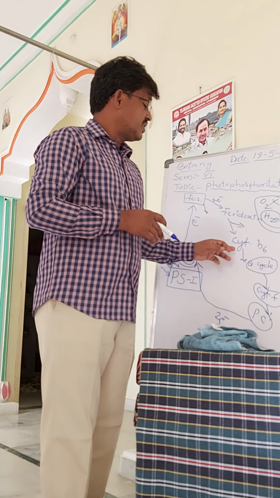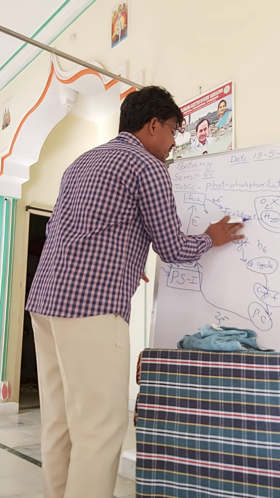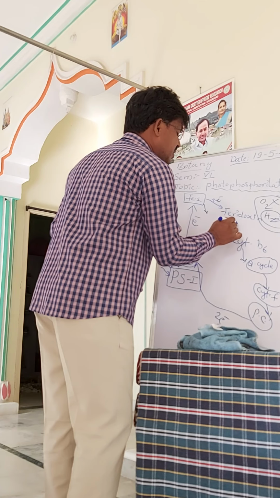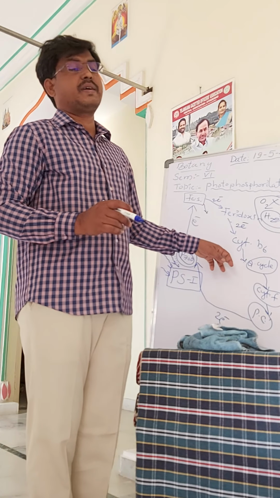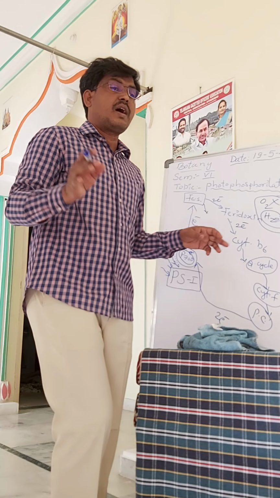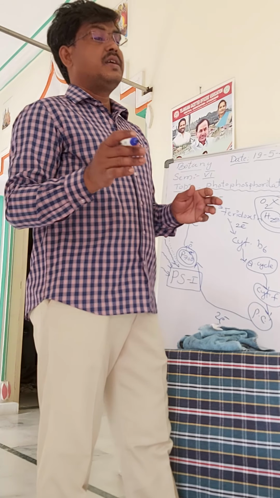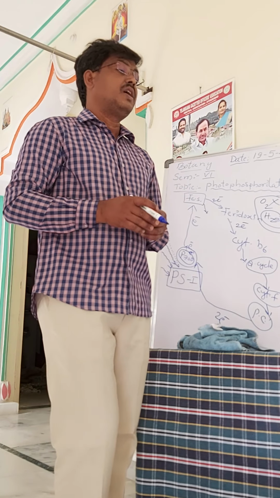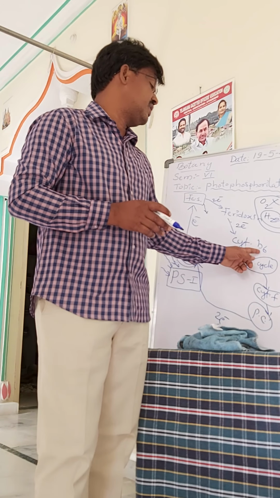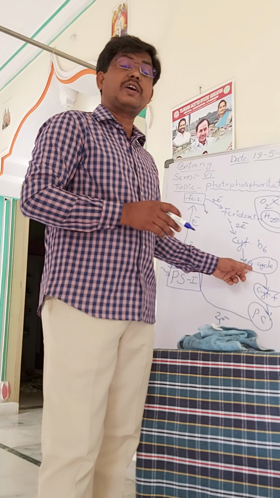In the cytochrome complex, the electrons are transported to the cytochrome B6 complex. Here the electron returns from the reduced ferredoxin to plastoquinone. So these electrons from the cytochrome B6 are transferred to the plastoquinone.